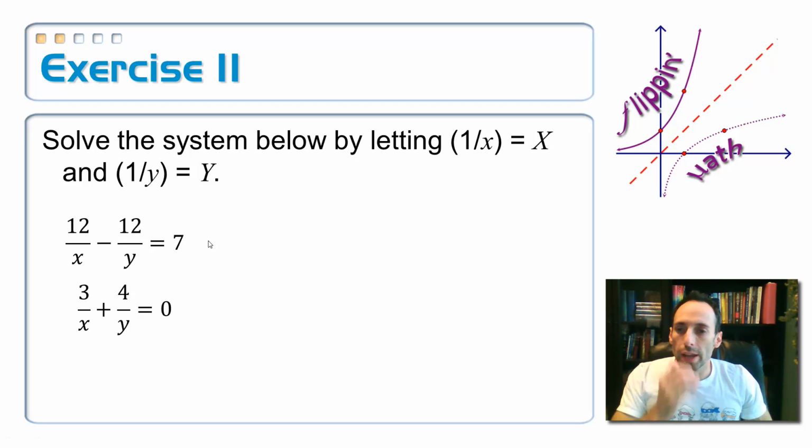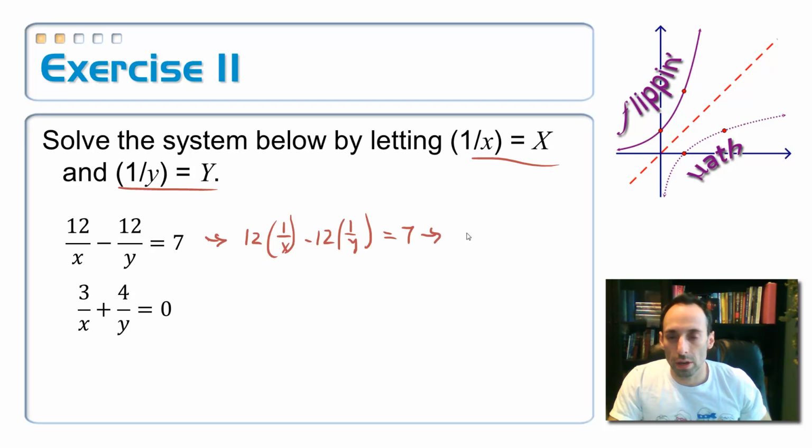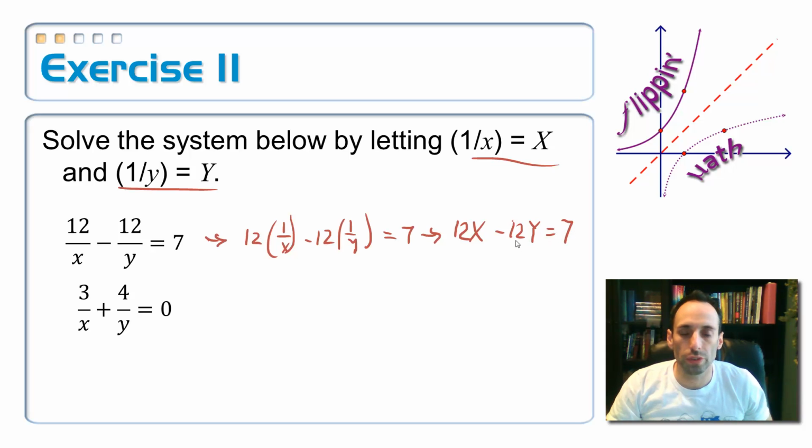So notice that this equation is the same thing as 12 times 1 over x minus 12 times 1 over y is equal to 7. And if I do this substitution on it, it becomes 12 big X minus 12 big Y equals 7.